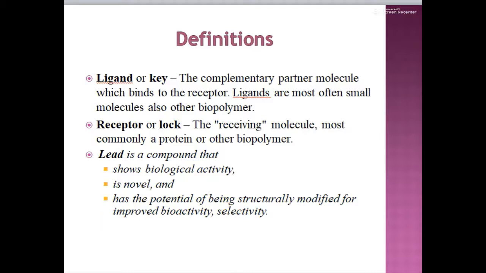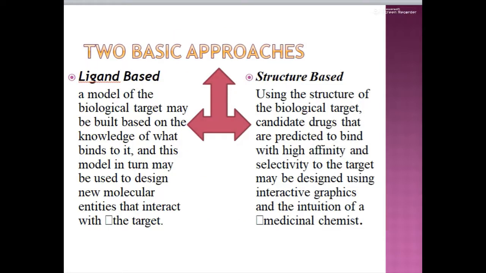Now, to find out the drug or your biological lead, there are two different ways by which you can do docking. You can either use a ligand based method or a structure based method.